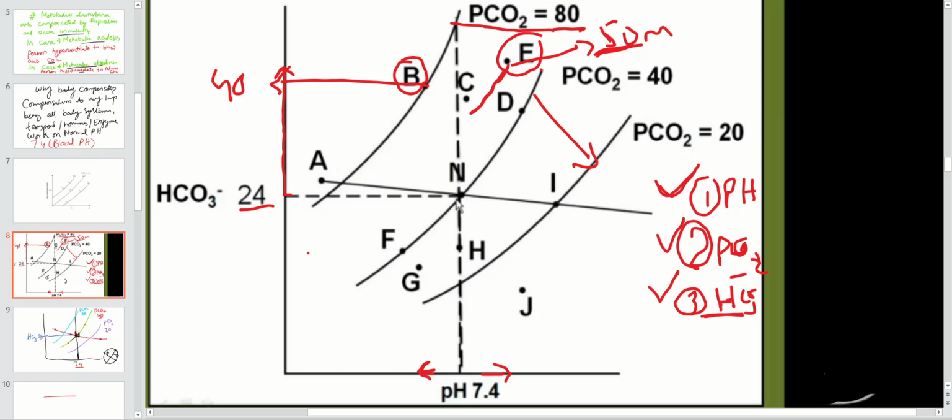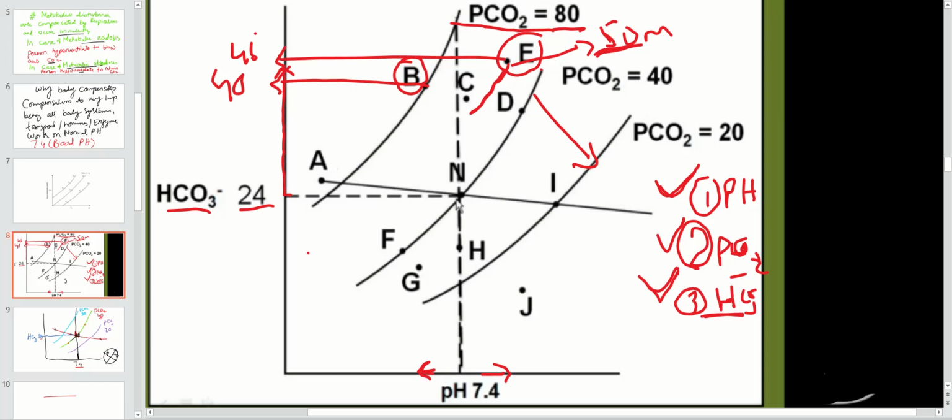Now we look for the third thing, which is your bicarbonate ion level. If you draw a line from here to here, you can see roughly it is 45 milliequivalent per liter, which is your bicarbonate ion concentration in your blood. So you concluded that you are dealing with metabolic alkalosis with compensation.